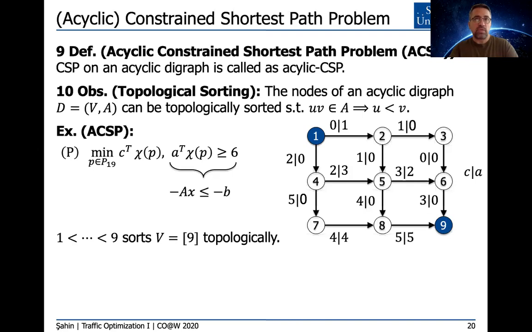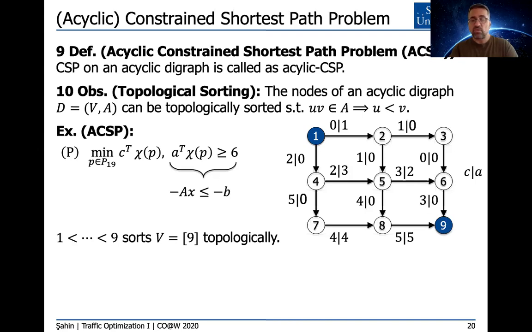For an arc UV, it means the index U is smaller than the index V. In this example, the node indices are given in accordance with the topological order. We want to find shortest paths with respect to costs, denoted as C for each edge, and as an additional constraint, the total weight of the selected arcs, shown with A, should be at least 6.